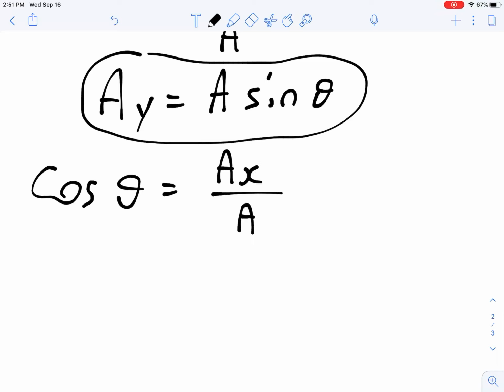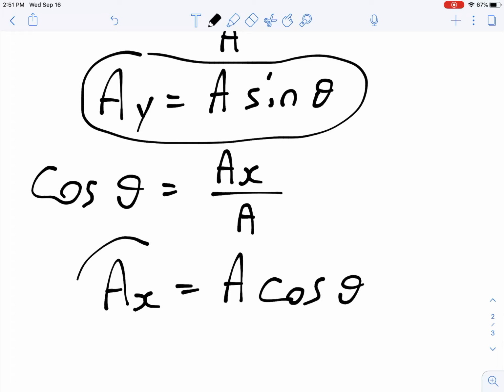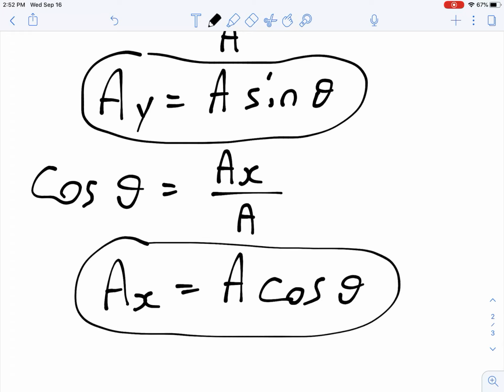If I do a little bit of algebra, I can solve for the x component by noting that that is the vector itself times the cosine of the angle. That gives me a method for calculating the x component. I take the length of the actual vector, multiply it by the cosine of its direction, and I get the x component. Now I have a way of calculating the y and the x components.